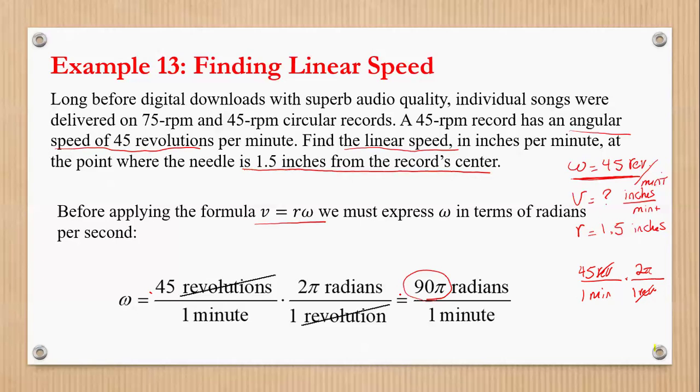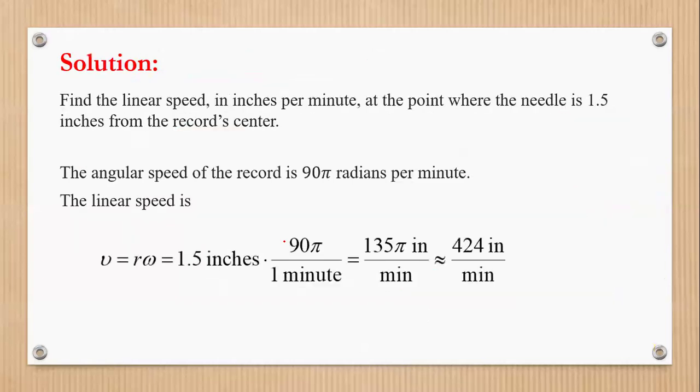After changing the angular speed to radians, now you are allowed to replace it into the formula. Replace omega by 90 pi, replace r by 1.5, and the answer is 135 pi inches per minute. And if you use the calculator, replacing pi by 3.14, you get 424 inches per minute.